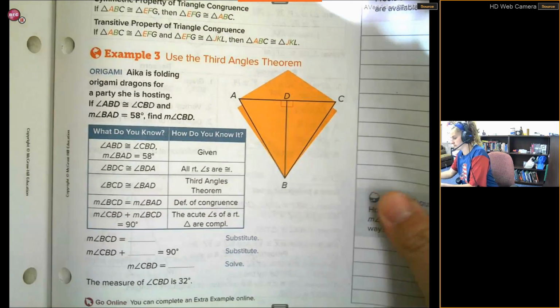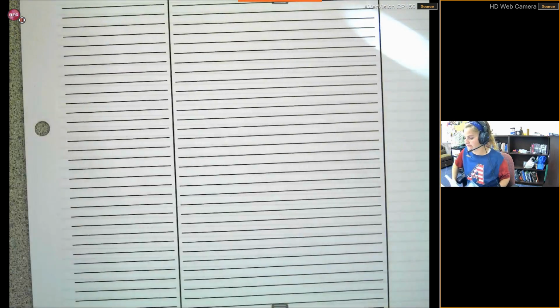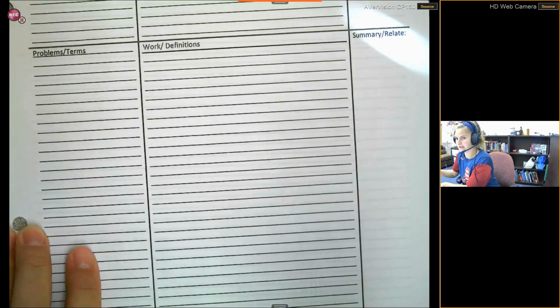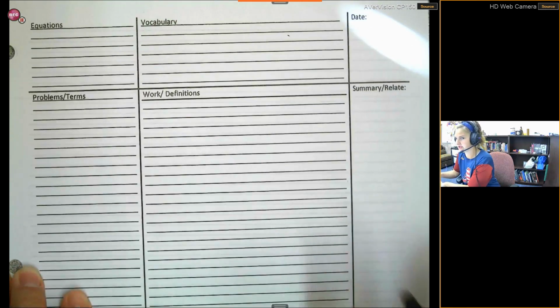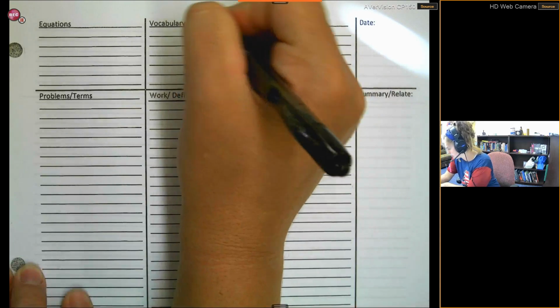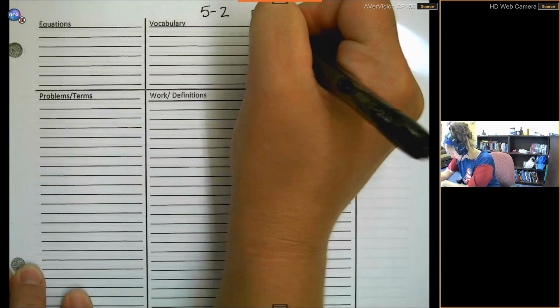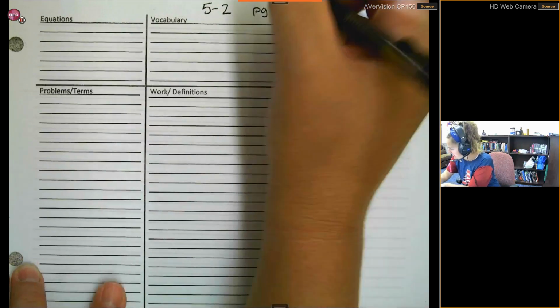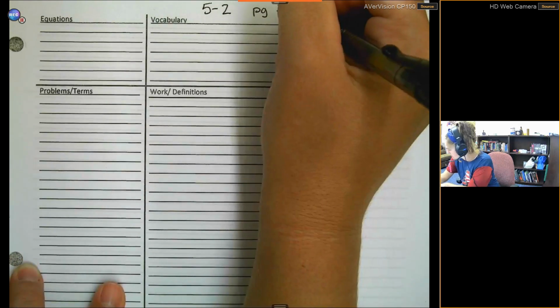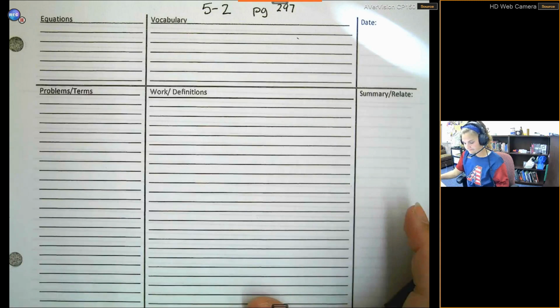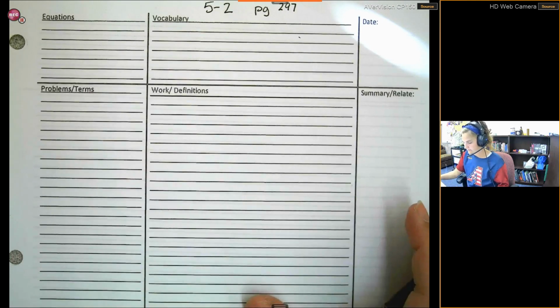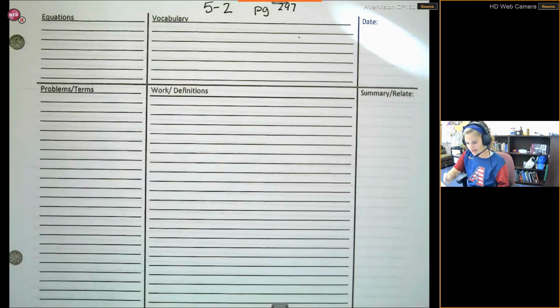Okay. So we're going to do example 2, but first thing, on our notes, write that this is 5-2 at the top, and that it's on page 297. Okay.